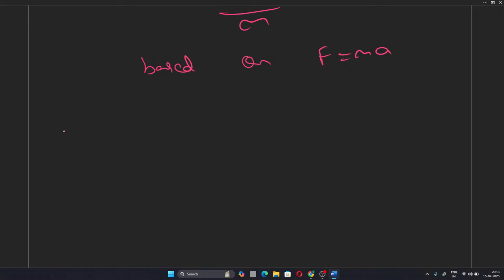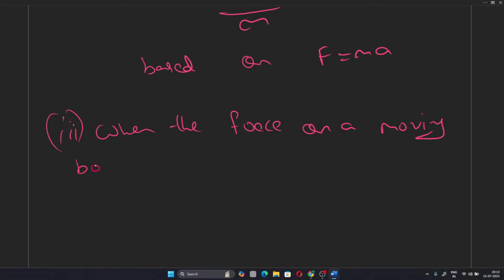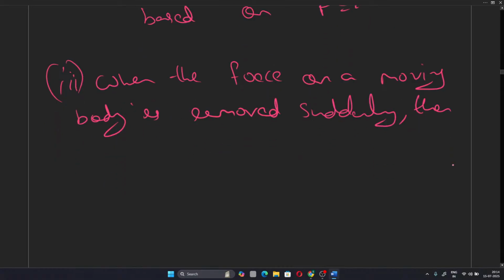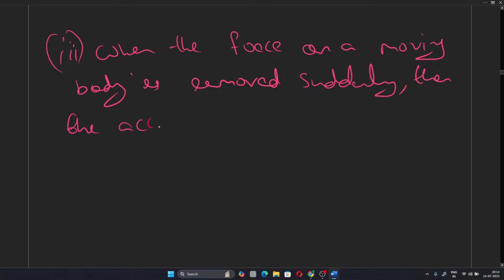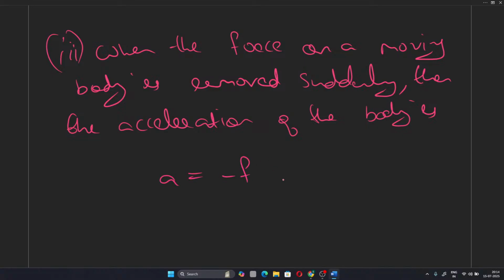And the third information is when the force on a moving body is suddenly removed, then the acceleration of the body is minus Fk by the mass of the body.